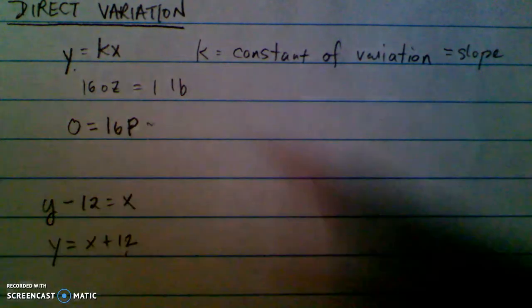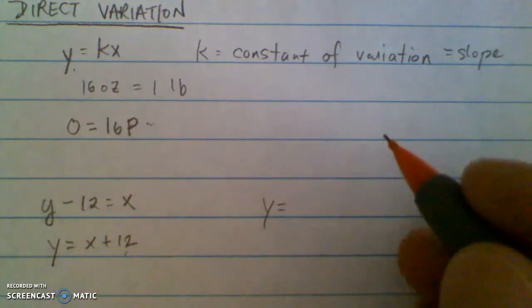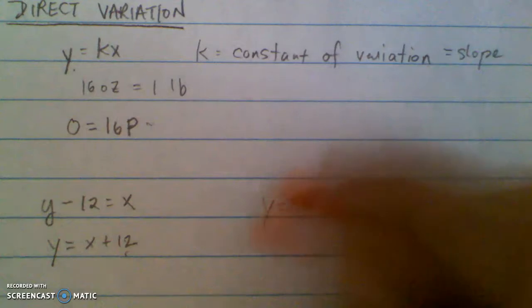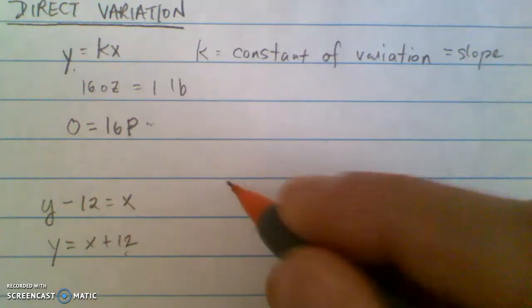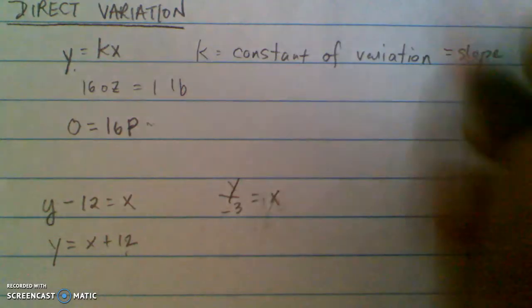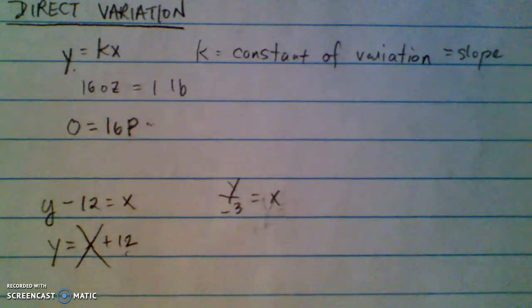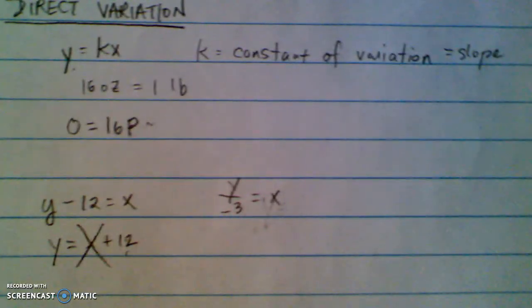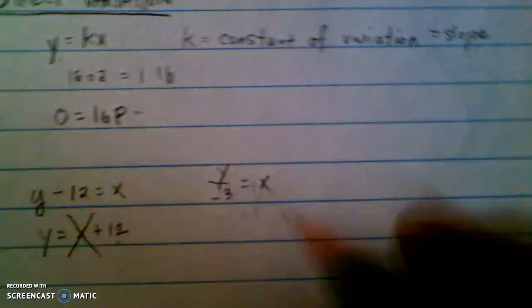Okay, let's try another one. Y over negative 3 equals x. We said that one wasn't. Okay. What do we have to do first? And multiply both sides by negative 3.